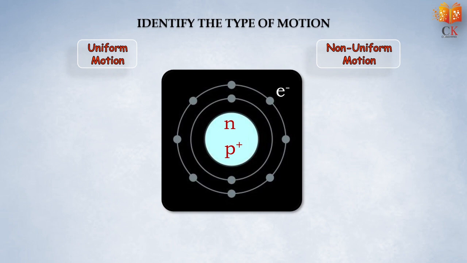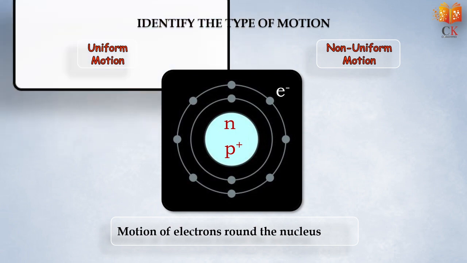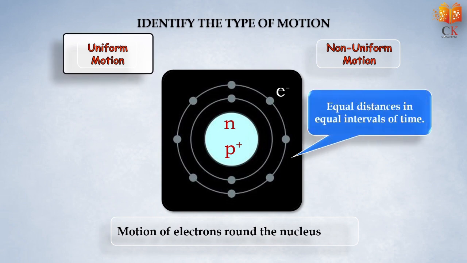We'll take up the example of the electron which moves around the circular orbit. So the motion of an electron around the nucleus, what do we say? Is it a uniform or a non-uniform motion? Particularly it's a uniform motion because it will be covering an equal distance in equal time interval. So equal distance is covered by the electron in an equal time interval, henceforth it is a uniform motion.